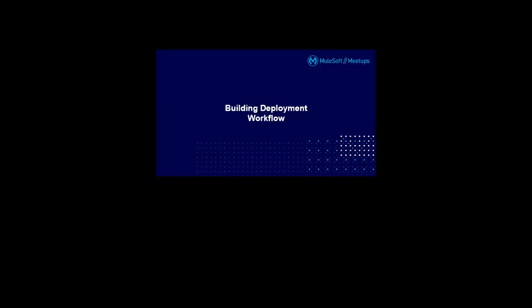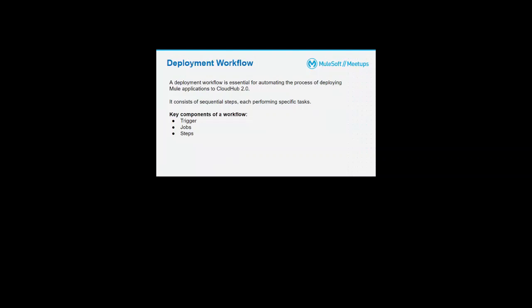So in this demo, we are going to set the client ID and client secret of the connected app in GitHub secrets, and we are going to provide them to our workflow using the GitHub secrets. Then building a deployment workflow. Our deployment workflow is essential for automating the process of deploying a Mule application to CloudHub 2.0.